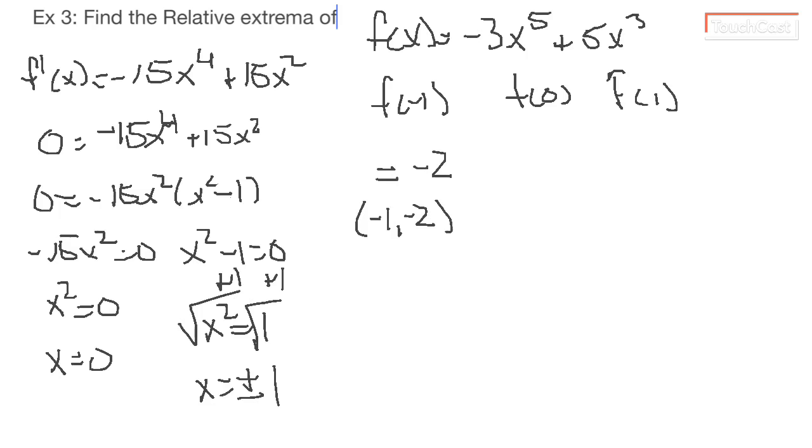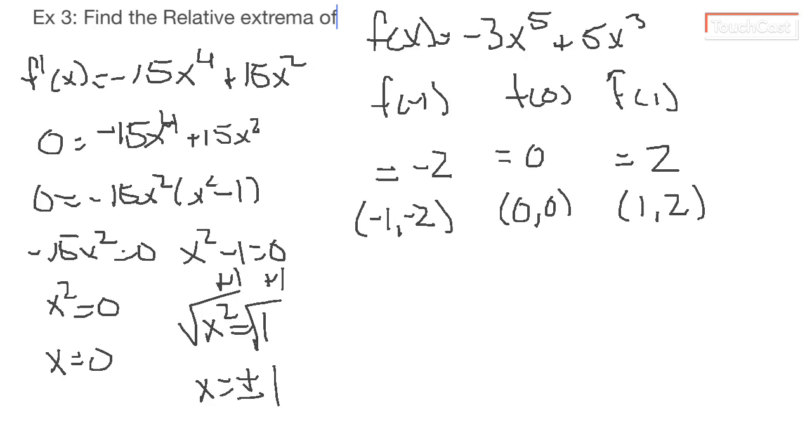That's not an interval, that's an actual point. If I put 0 into my function, I'm going to get 0 back, which means another point. We could call these points: 0, 0 and negative 1, negative 2. Now if I put 1 in, I'm going to get back 2, which means I'm going to have another point at 1, 2.